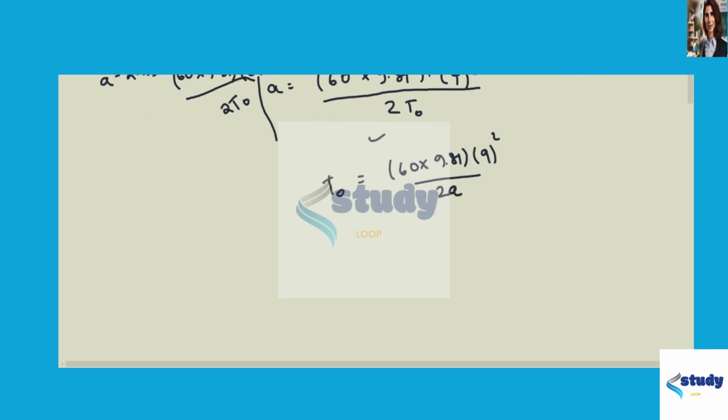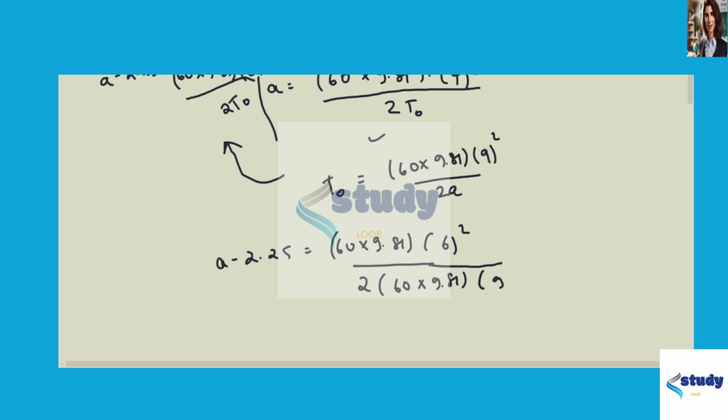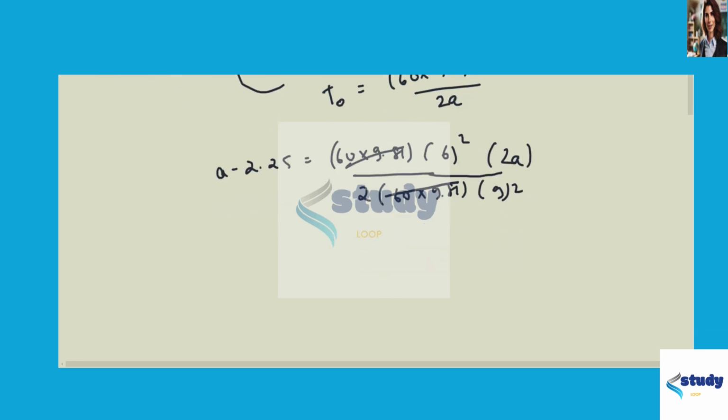We substitute this value of T naught in the second equation, so a minus 2.25 equals 60 into 9.81 times 6 square divided by twice 60 into 9.81 times 9 square over 2a. This cancels, and we get 36a divided by 81.